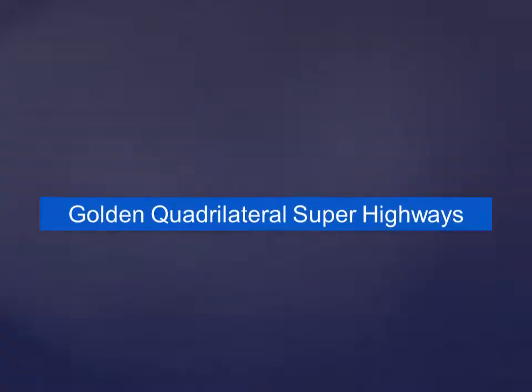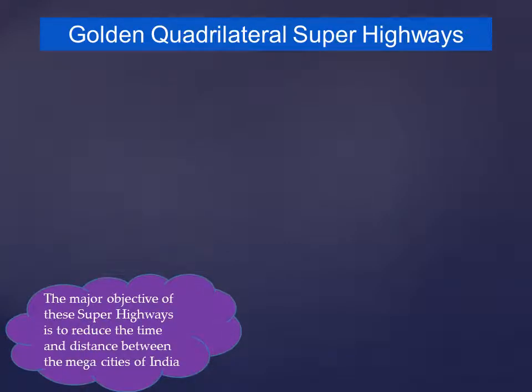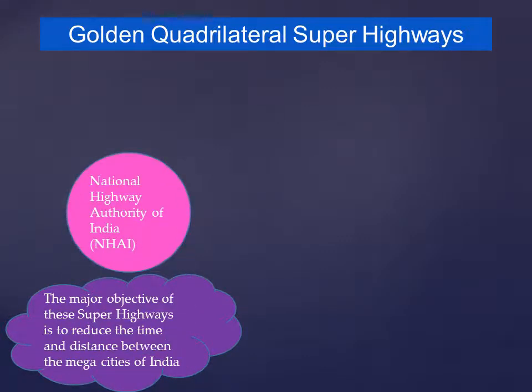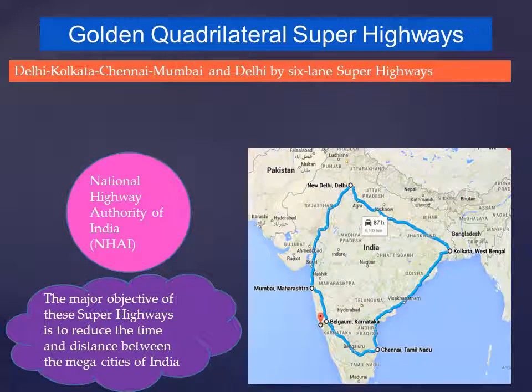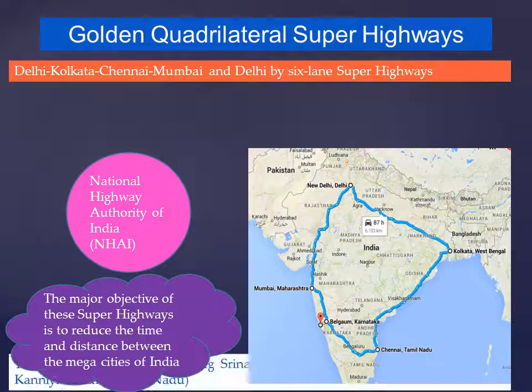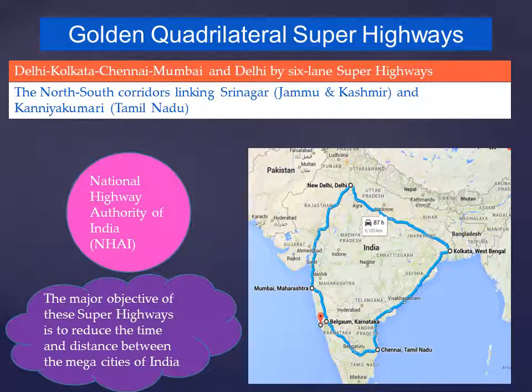Golden Quadrilateral Superhighways. The government has launched a major road development project linking Delhi, Kolkata, Chennai, Mumbai and Delhi by 6-lane superhighways. Then the north-south corridor links Srinagar, Jammu and Kashmir and Kanyakumari, Tamil Nadu.